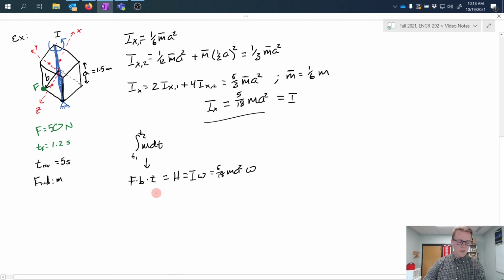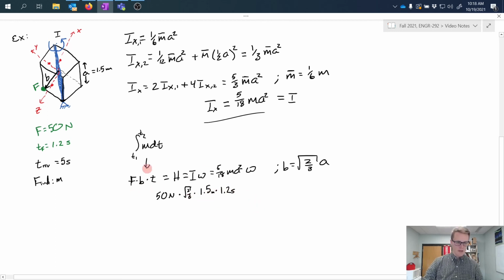Starting with the force, it is 50 newtons. b by geometry is equal to root 2/3 times the side length. So we can look that up, and that means we're going to multiply here square root 2 over 3 times 1.5. And the time over which the force is applied is the 1.2 seconds.